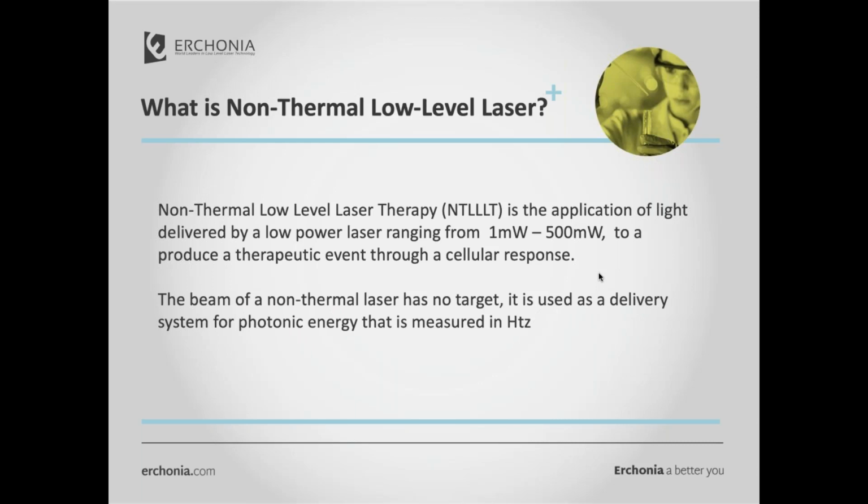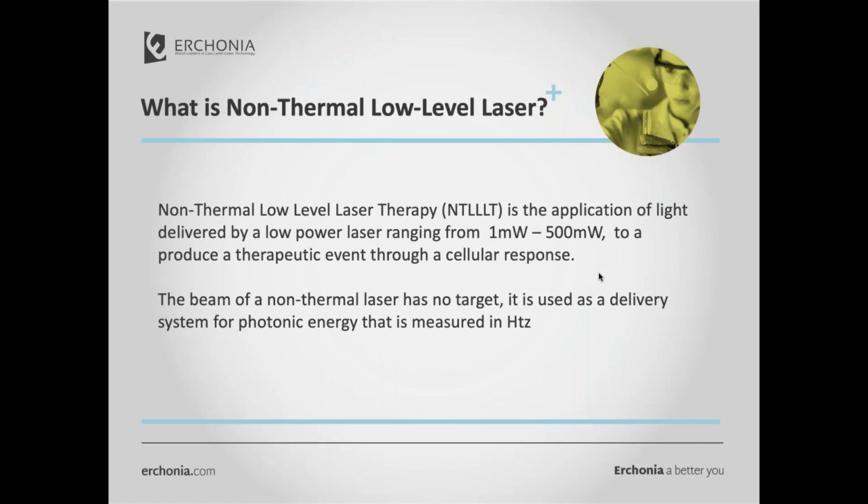The main difference with non-thermal lasers is they don't have a particular target. When we generate a laser beam, we're generating pure energy. As you may remember from physics, once you generate energy, that energy cannot be destroyed. So when we generate this laser beam and shoot it at you, this collimated, coherent, monochromatic, stable beam keeps going.